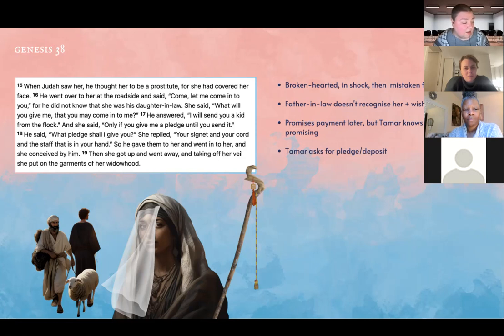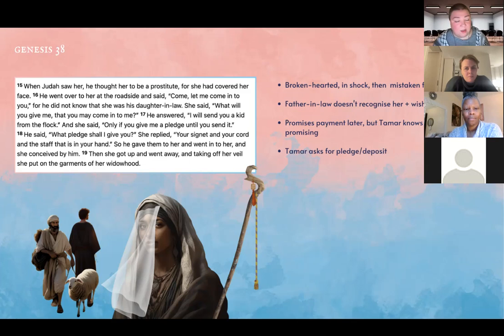And she said, "Only if you give me a pledge until you send it." He said, "What pledge shall I give you?" She replied, "Your signet and your cord and the staff that is in your hand." So he gave them to her and went in to her, and she conceived by him. Then she got up and went away, and taking off her veil, she put on the garments of her widowhood.